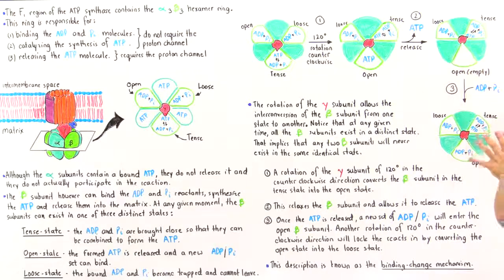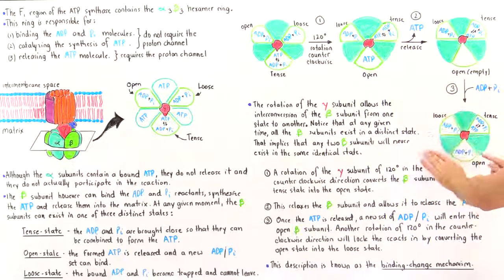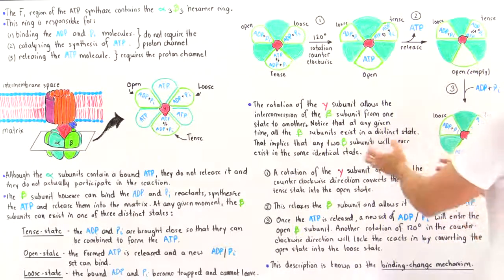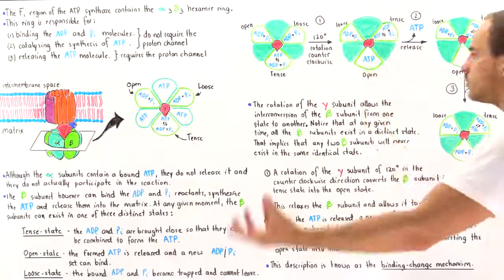And in process 3, once the ATP is released, a new set of ADP and orthophosphate will enter that open beta subunit. And once they enter, if we have another rotation, so if this structure rotates 120 degrees again this way, then this open will become a loose state.